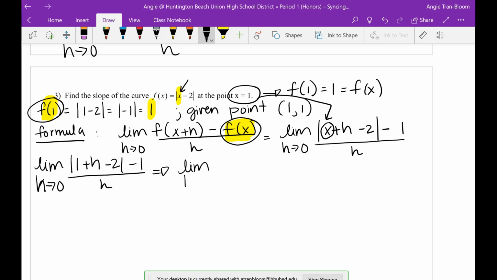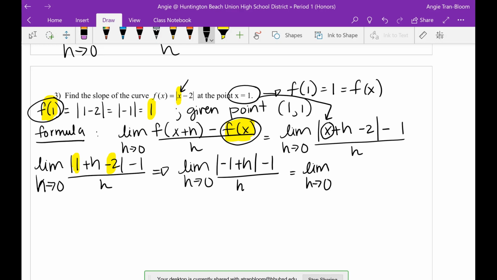So limit as h approaches 0. 1 minus 2 is now, what's that? Negative 1. So negative 1 plus h, minus 1 outside, all over h. Well, you can write negative 1 plus h as the same thing as h minus 1, no difference there, just rearranging that a little bit.